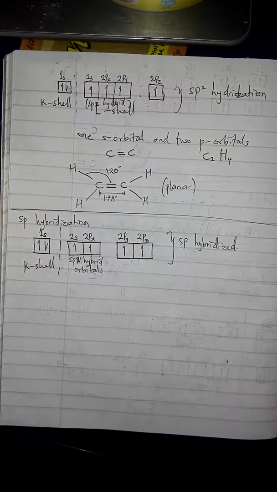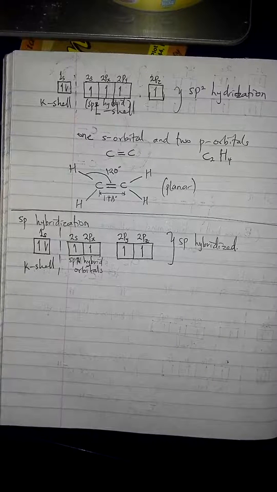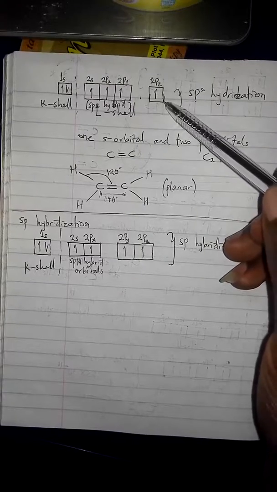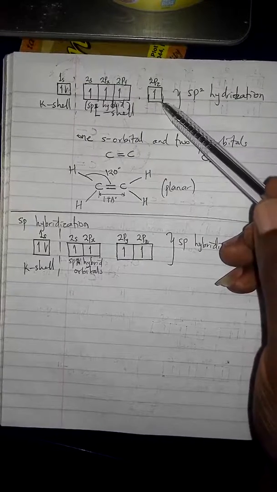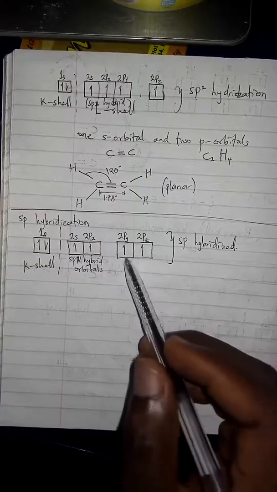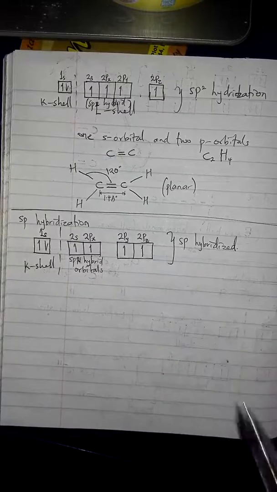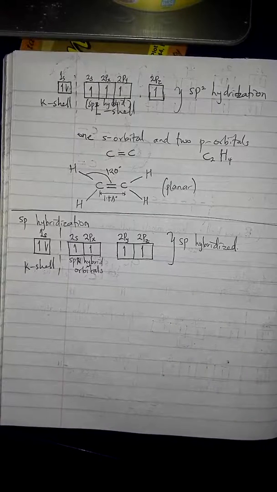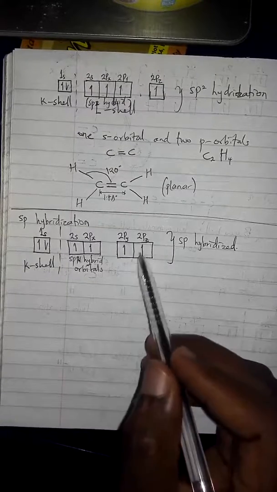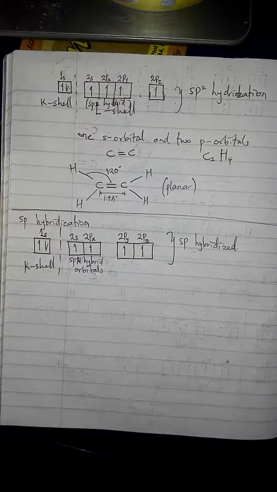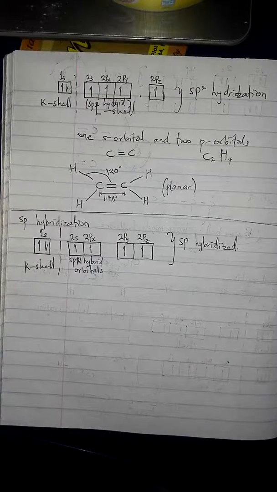That means the compound is going to be highly unsaturated, to drive home the point that it is more unsaturated compared to compounds with sp2 hybridization, because now you have two unhybridized carbon orbitals or electrons.